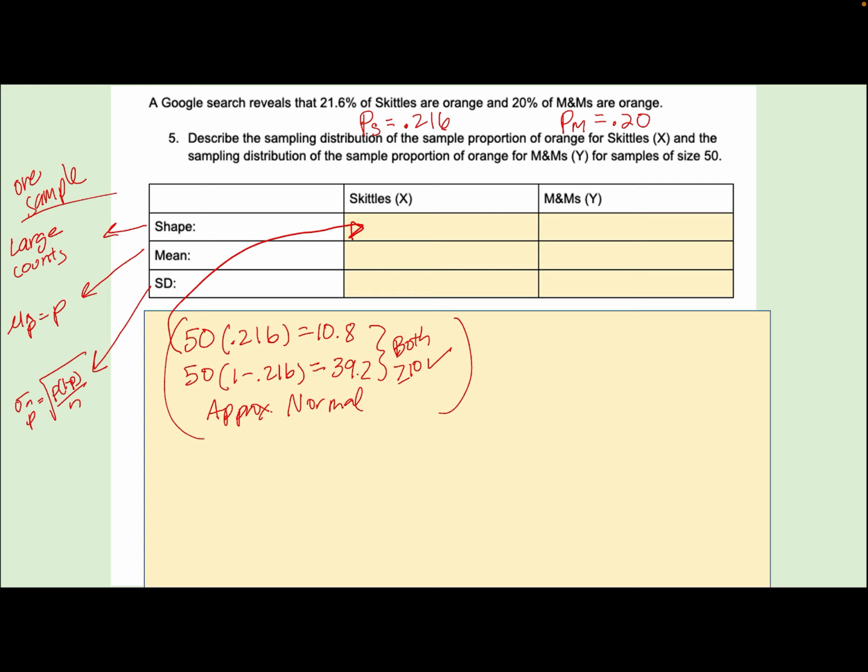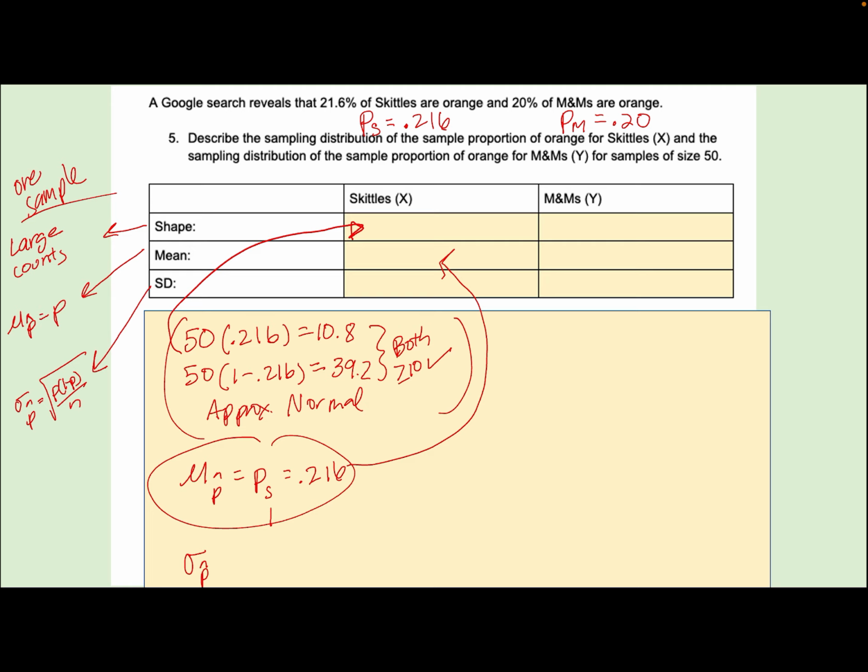All right, for our mean, I'm going to write out this whole thing. I know the notation is kind of hard to use on Google Docs, so don't stress too much about it. It's going to be equal to my population parameter mean, which is 0.216. That is what goes here. And then my standard deviation, I have a nice formula to use for that.